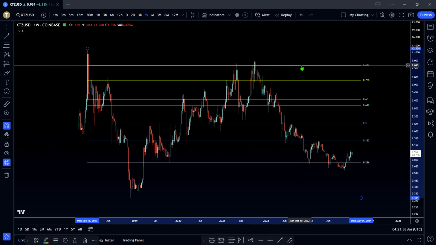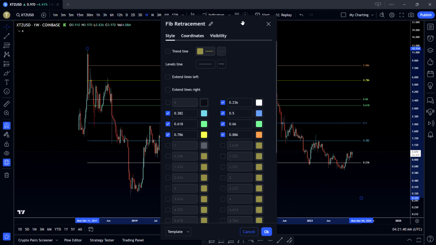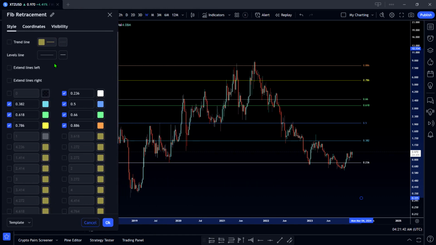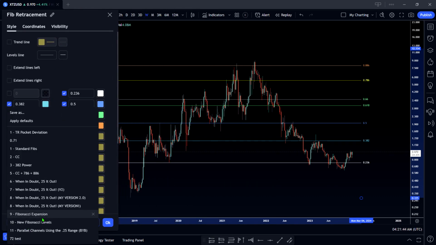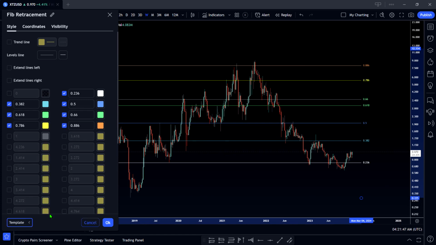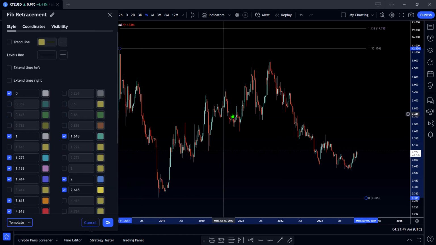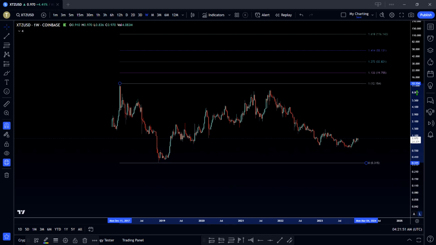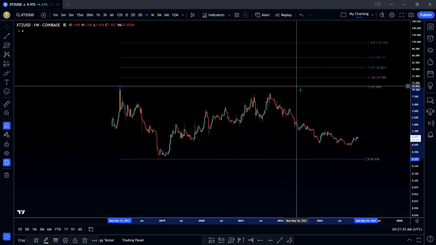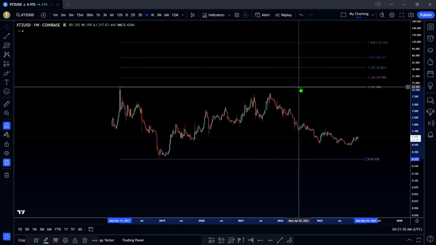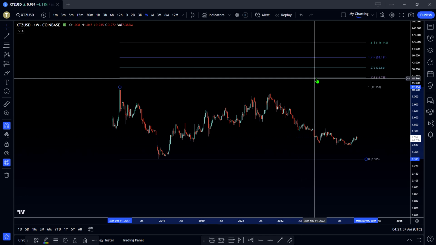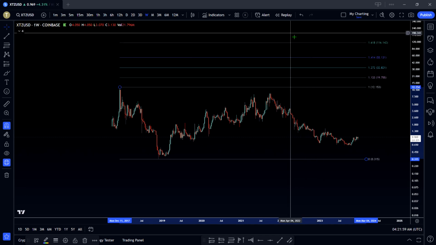So externally, the fib levels that we need, and you can go ahead and pause this video if you want as well. When I talk about the Fibonacci expansion, these are the levels external of that range. You see how this gives us prices that we can predict for new highs, new all-time highs.